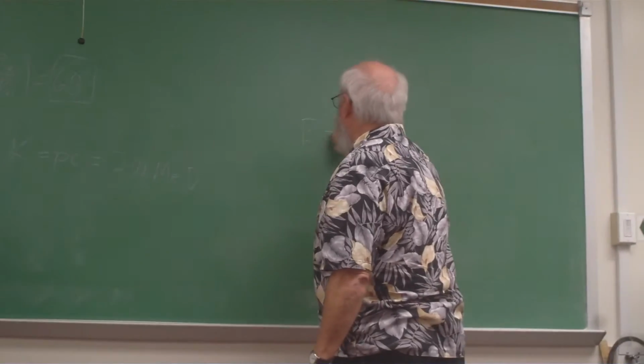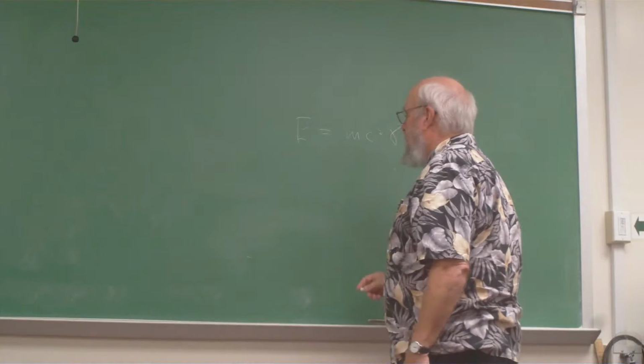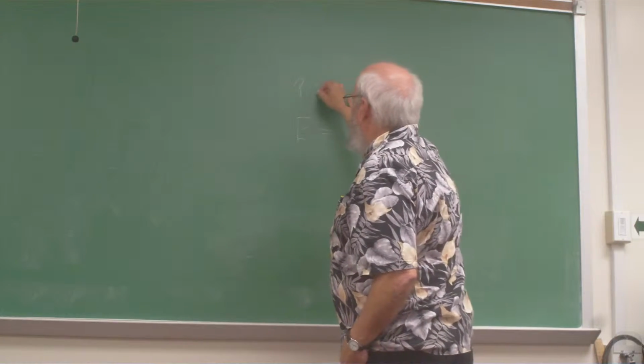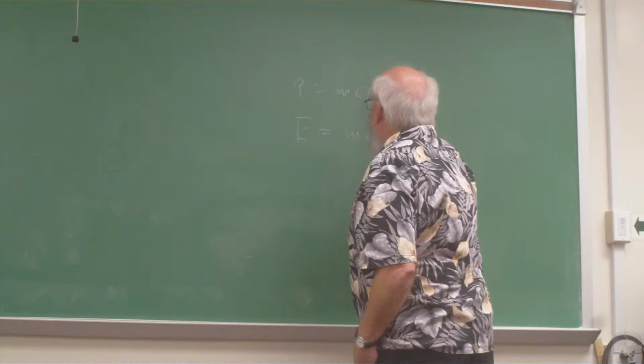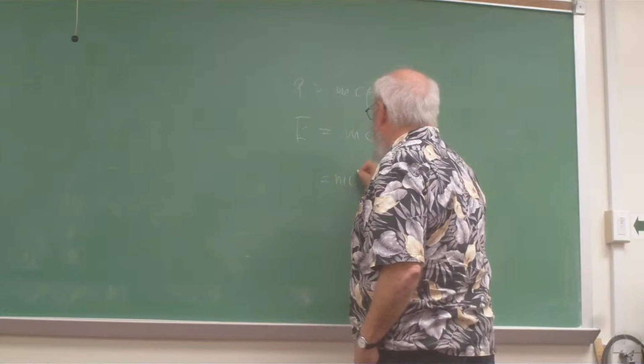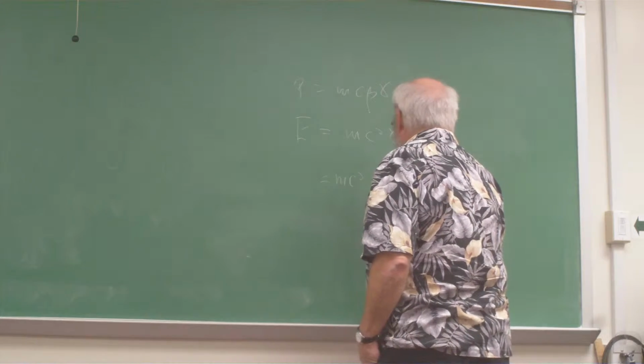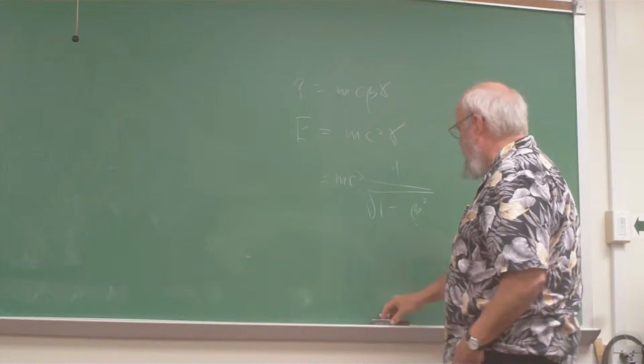So I wonder why, usually you can go to the relativistic limit and it works, right? Is there some approximation in this equation? Oh, yes, of course. The approximation is that in the relativistic form, E is mc squared gamma, and p is equal to mc beta gamma. And mc squared gamma is mc squared times 1 over the square root of 1 minus beta squared, which is v squared over c squared.